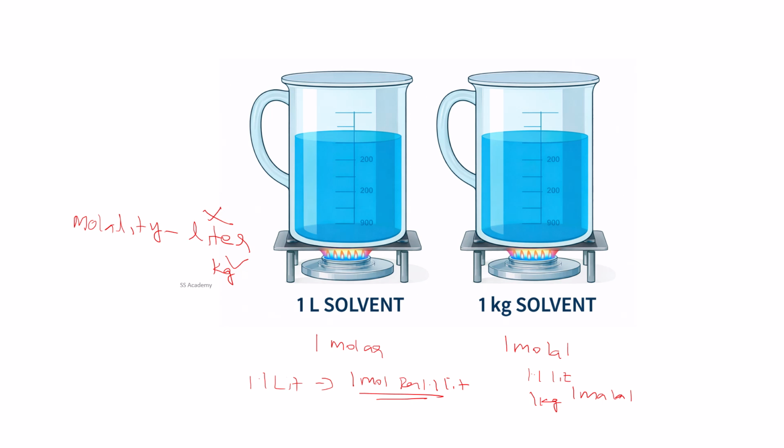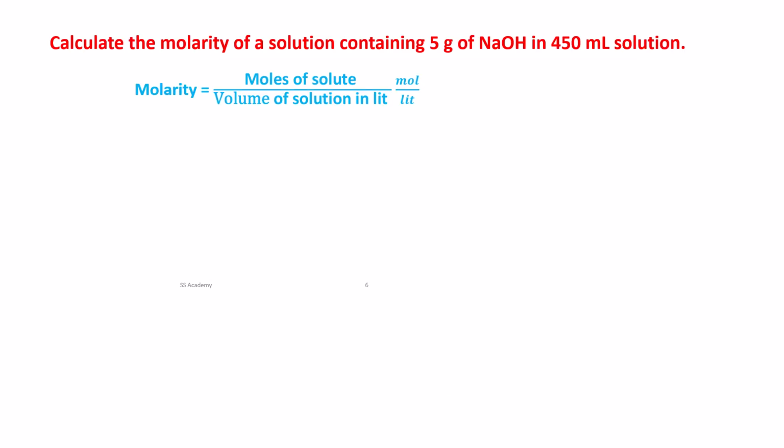Let us solve some problems. Here they ask us to calculate the molarity of the solution containing 5 gram of sodium hydroxide in 450 ml solution. The formula is given here. First we have to find the moles of sodium hydroxide from 5 gram and substitute here.